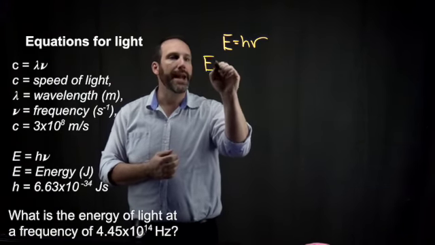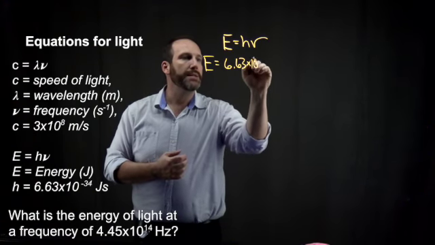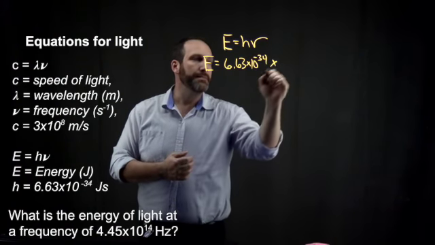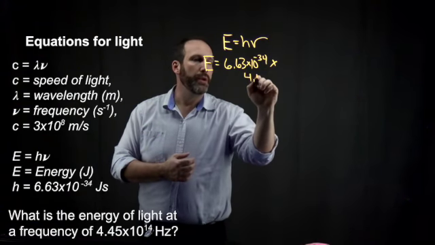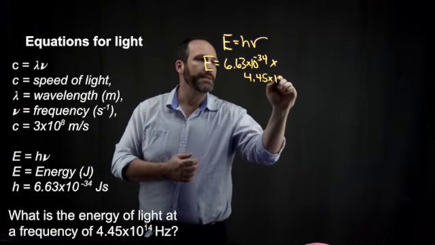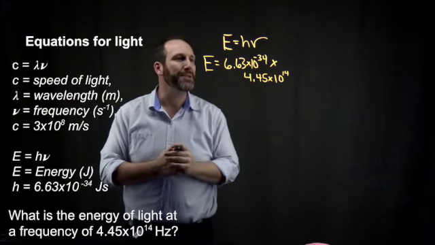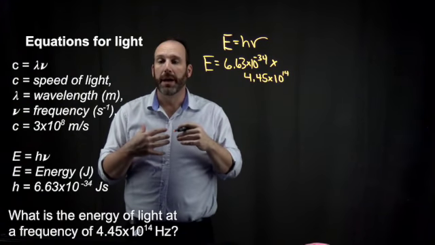So E in energy is going to be equal to 6.63 times 10 to the minus 34 times our frequency, which is 4.45 times 10 to the 14th. And I'm sorry, I didn't write units there. So joule seconds times per seconds.